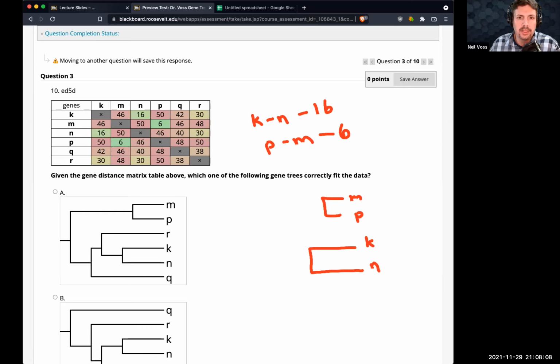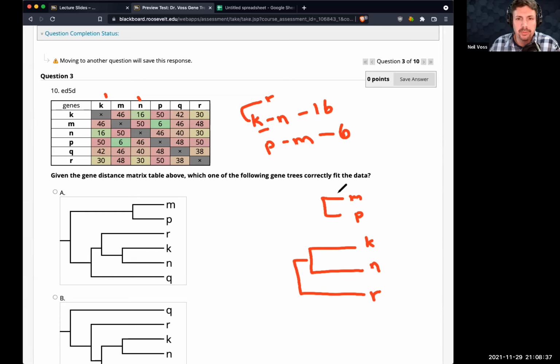It looks like I'm just kind of breezing through. I see 30 here. That seems to be the third lowest number, and it's connected to K and N, which we know. So that tells me that R is the next one, and it connects off of K and N. Is there one number that's significantly bigger than all the others? I don't see that kind of trend here.